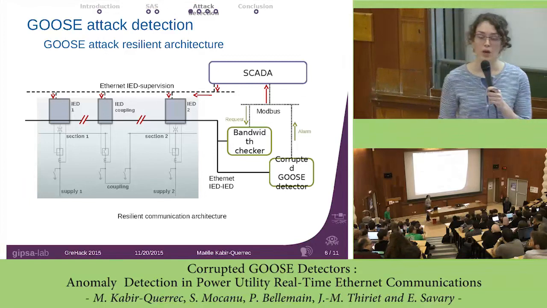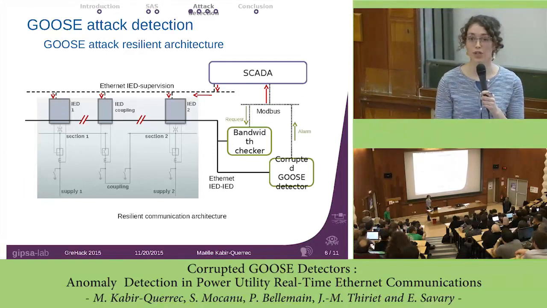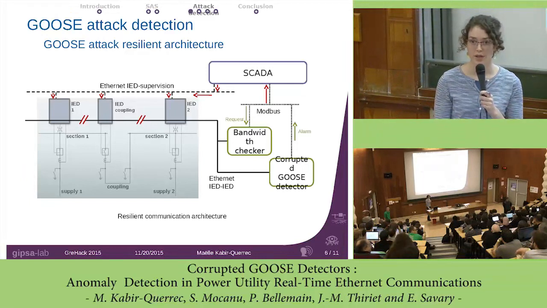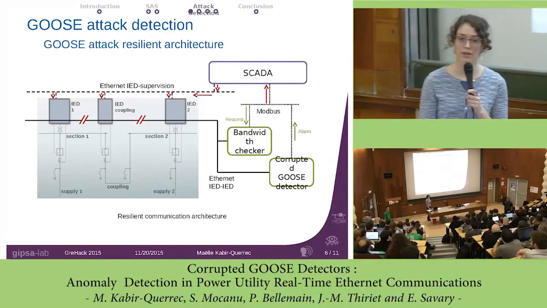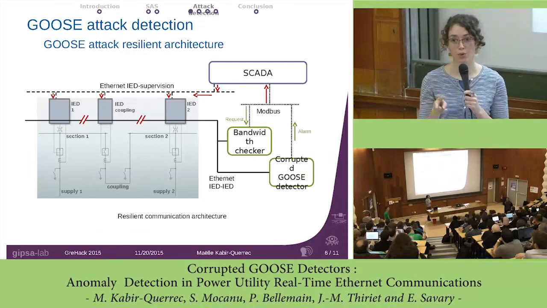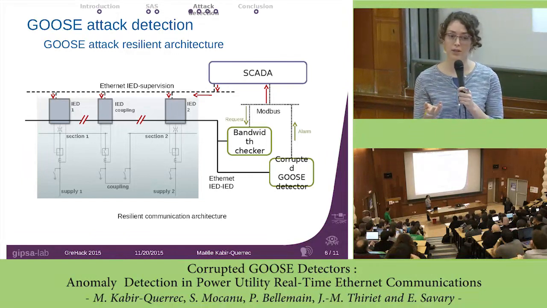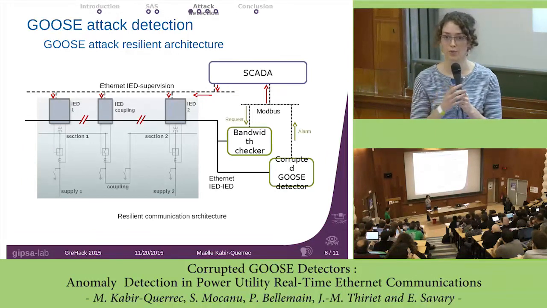You can program logic into those devices, and when they receive the alarm from the supervision, they will switch programs, and in the new program they will execute, there is no involvement of GOOSE messaging. That's it. Thank you.